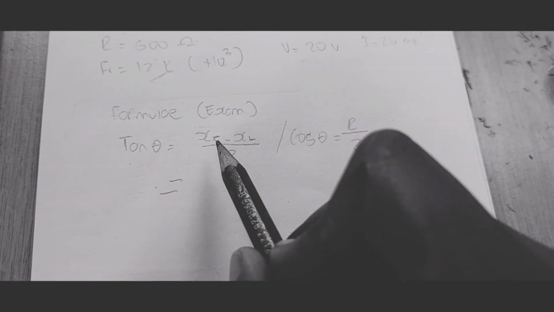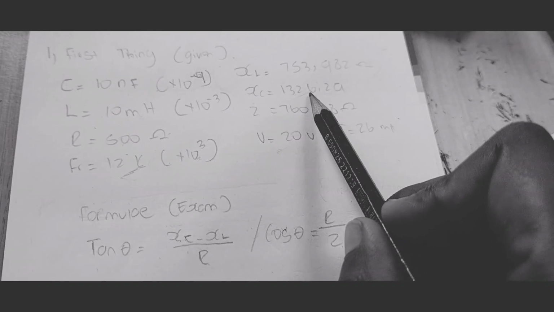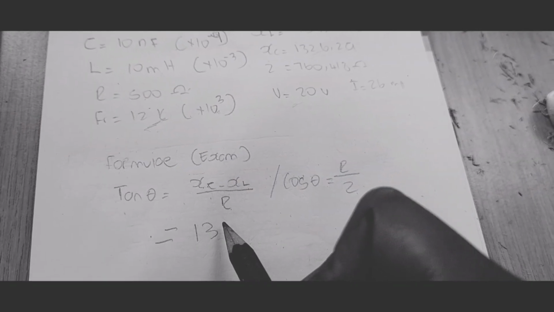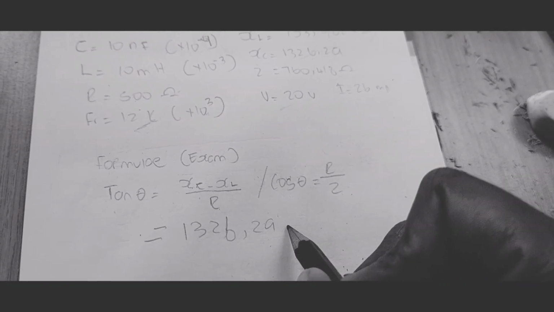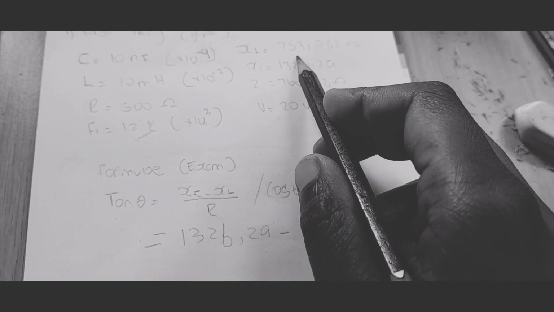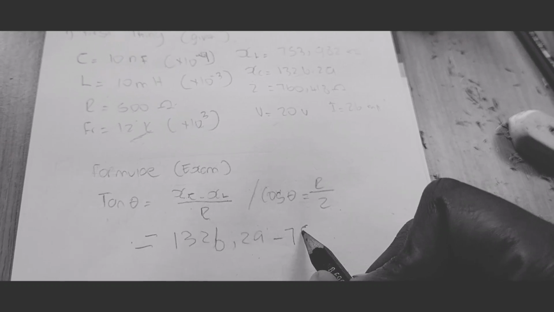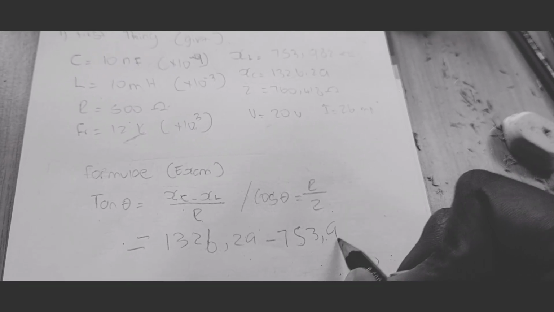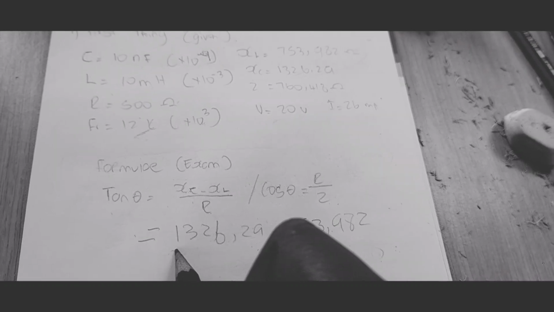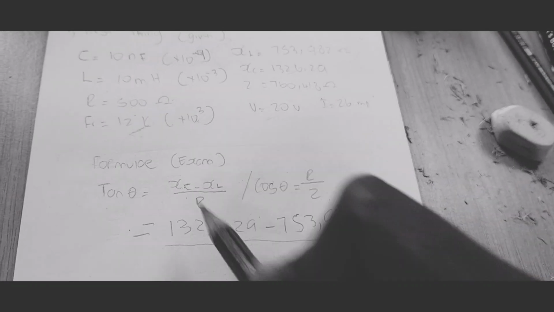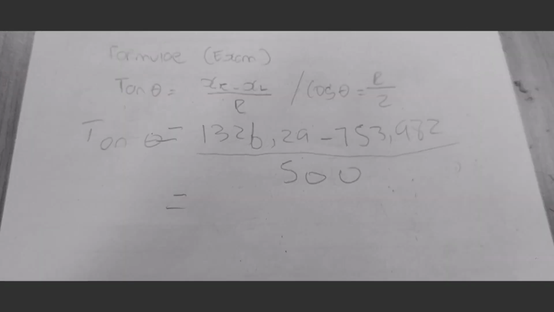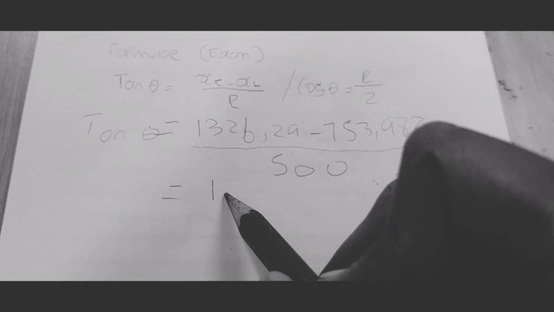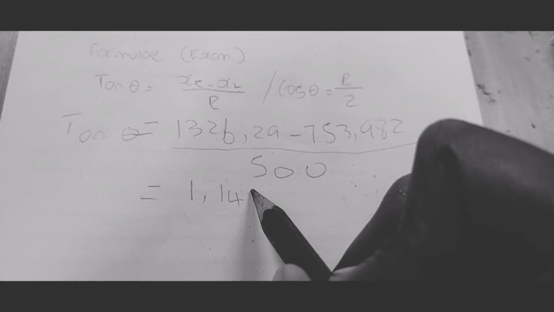So tan theta equals XC, the bigger one, 1326.29, minus the smaller, which is 753,982, over 500. Let's substitute, and theta is 1,144.